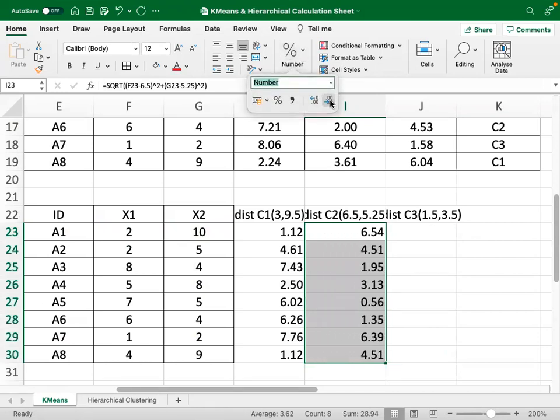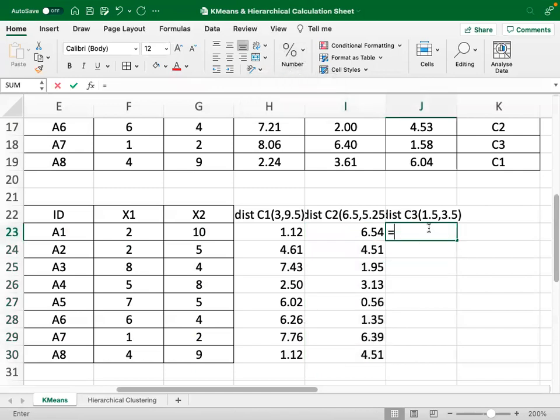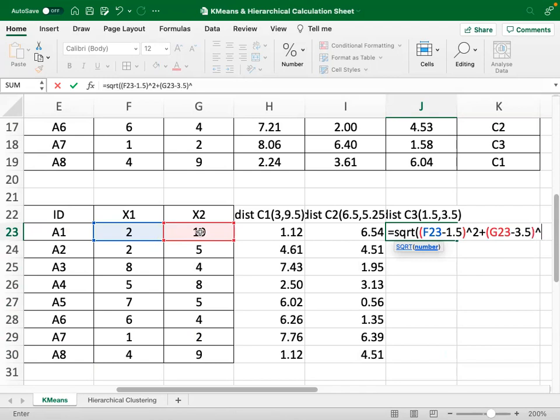Decrease decimals to 2. Here it is equal to SQRT open two brackets 2 minus 1.5 to the power of 2 plus open bracket 10 minus 3.5 to the power of 2.